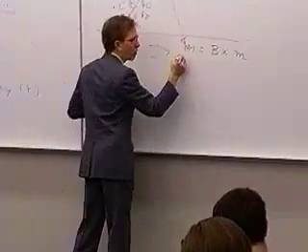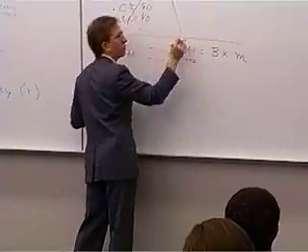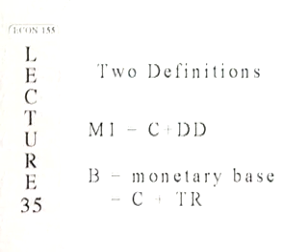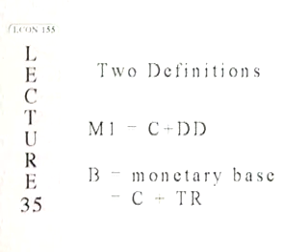M1 is currency plus checking deposits. Before we were only counting checking deposits because people held no currency. Now we're talking about a broader measure of money. This thing right here is the monetary base. And the monetary base is equal to total reserves at banks plus currency held by the public.